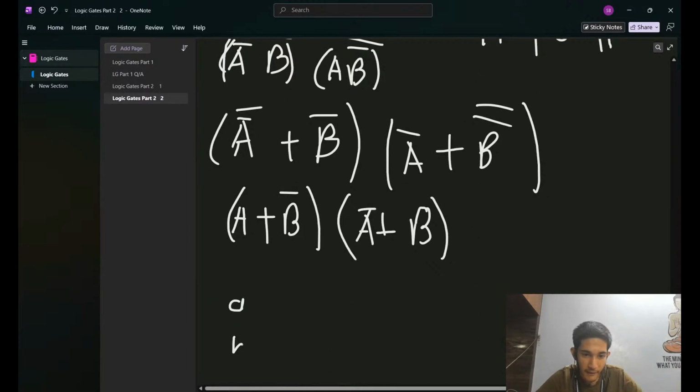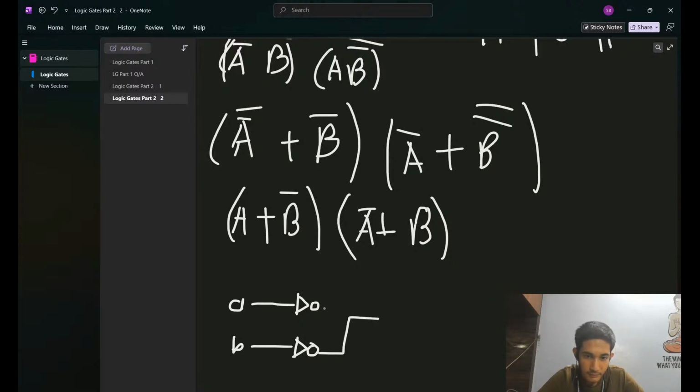Now we can draw this in the circuit or logic gate way. So if we have A, B, we can simply take this. We'll also have to NOT it for later. Now we must OR these two together, right? Sorry, mistakes happen, guys.